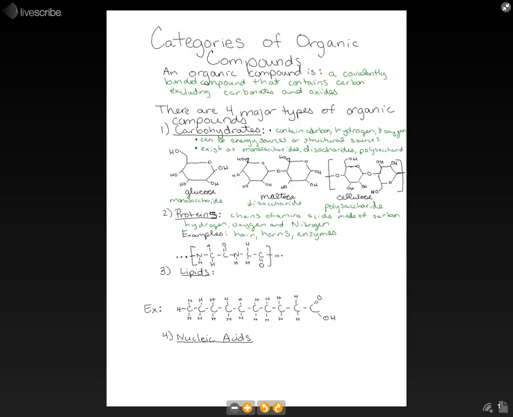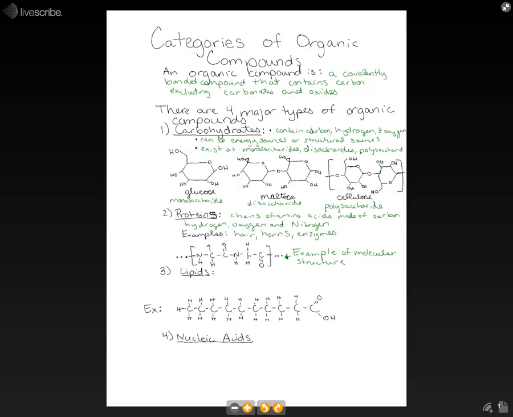An example of the molecular structure is shown here. And much like polysaccharides, proteins consist of lots of repeating units. This is just showing what one unit might be.